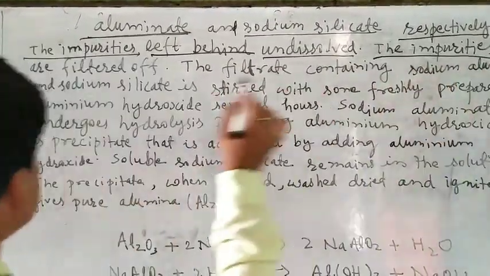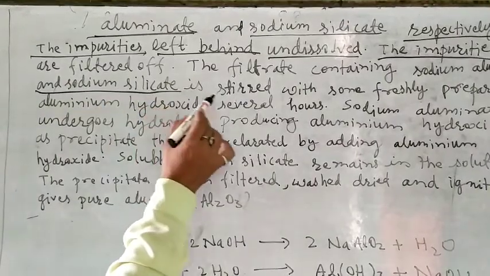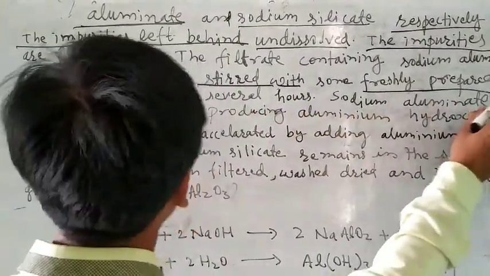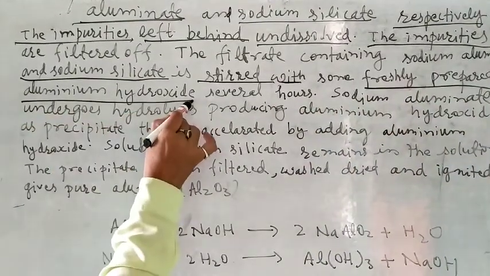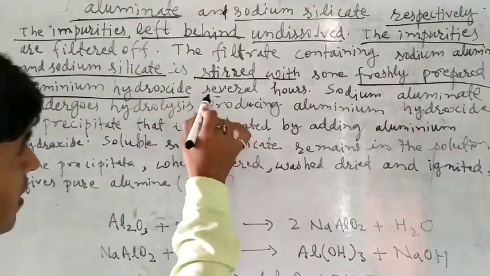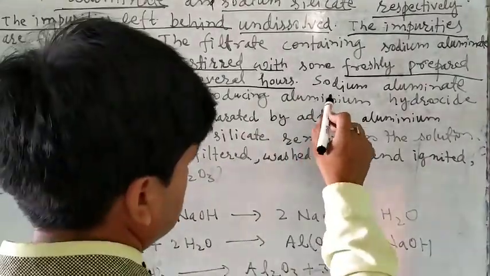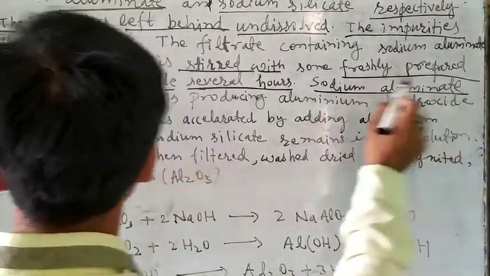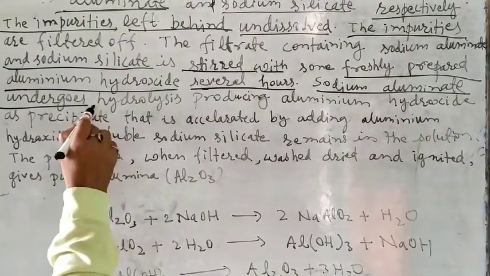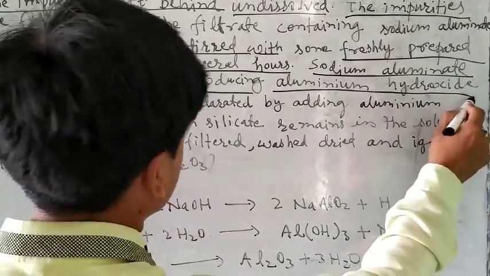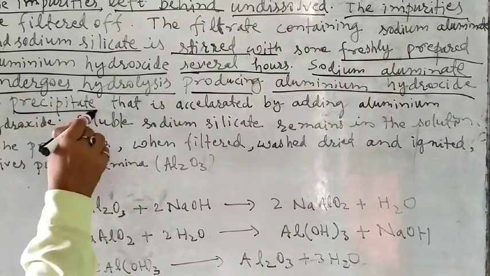The solution of sodium aluminate and sodium silicate is stirred with some freshly prepared aluminium hydroxide for several hours. That makes the sodium aluminate undergo hydrolysis, producing aluminium hydroxide as a precipitate.